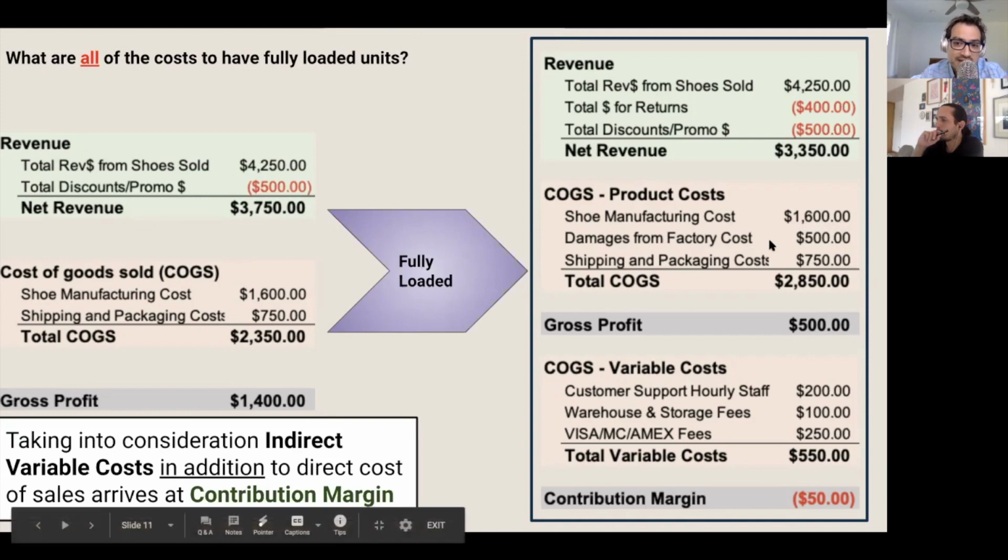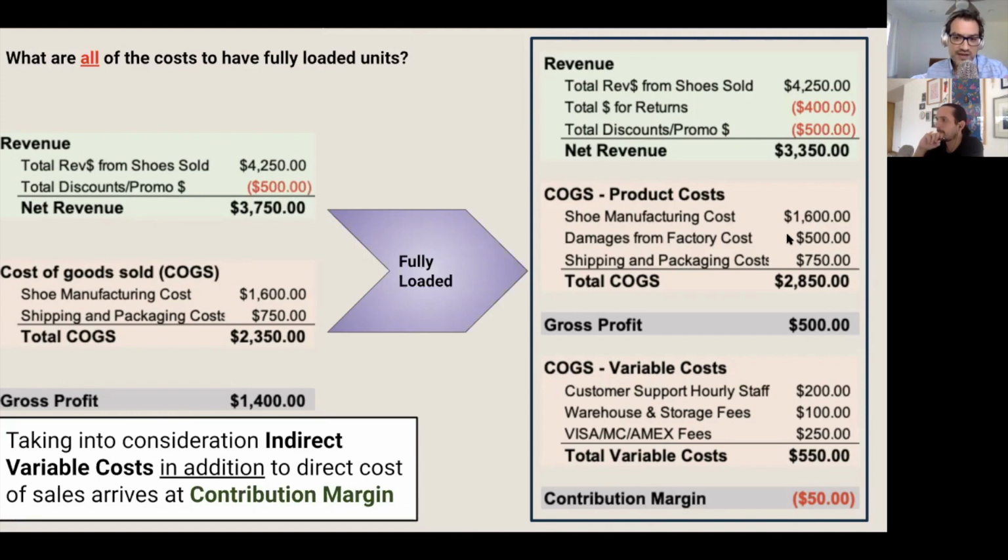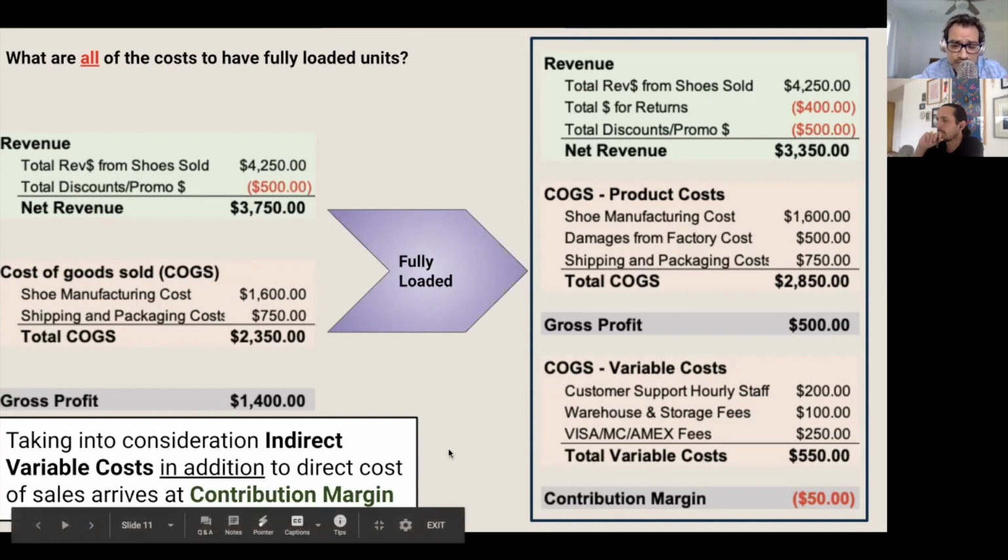Maybe in the example of damages from factory costs, in the first 3 months that you operate, there's no damages. And then all of a sudden one month you get damages. In the business world, we should be accruing and taking into effect the probability that there are going to be some damages. So sometimes we forget about some things, but the very important thing is taking into consideration these variable costs.